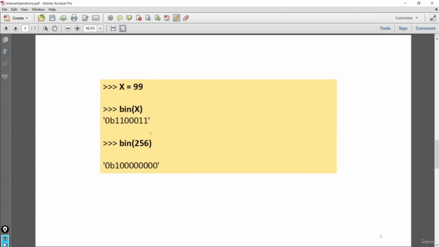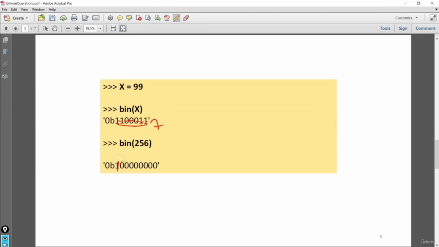And another example, 256 is an integer. We can obtain its binary equivalent, typing bin in front of the digit. And let's consider how many bits are there here. For 99, we have 1, 2, 3, 4, 5, 6, 7 bits.